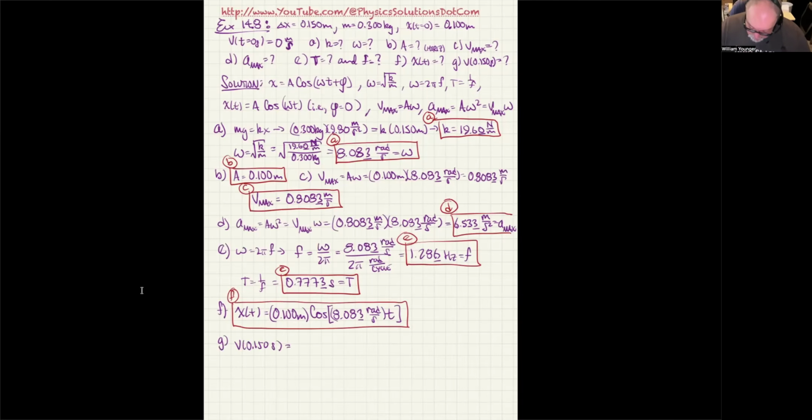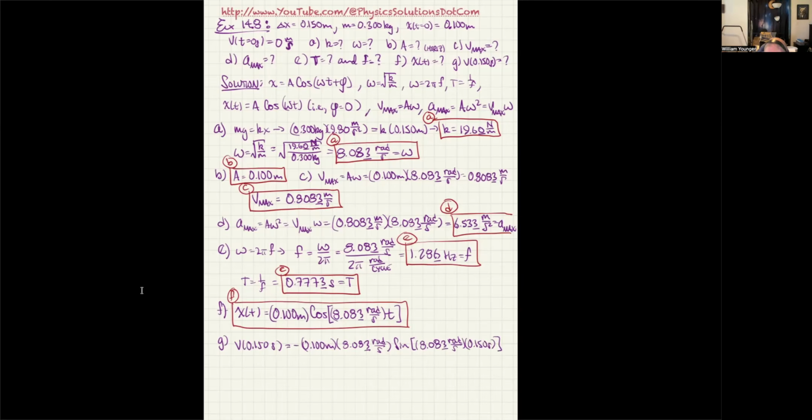And that is equal to, remember the velocity is going to be negative A times omega, so that's going to be negative 0.100 meters, there's the A, times omega, which is 8.083 radians per second, times the sine of 8.083 radians per second times 0.150 seconds.